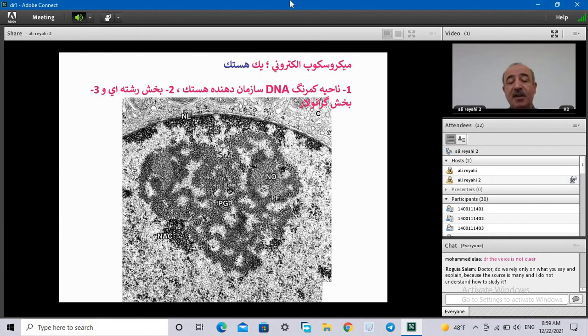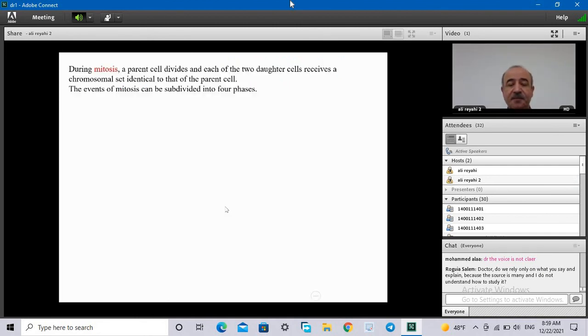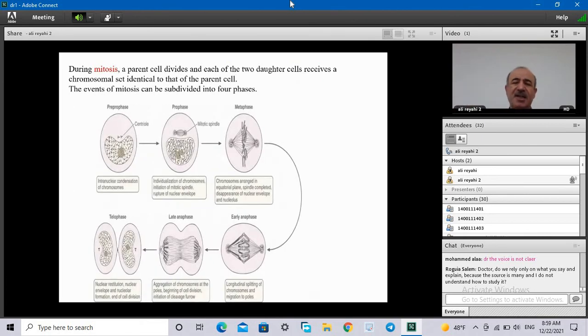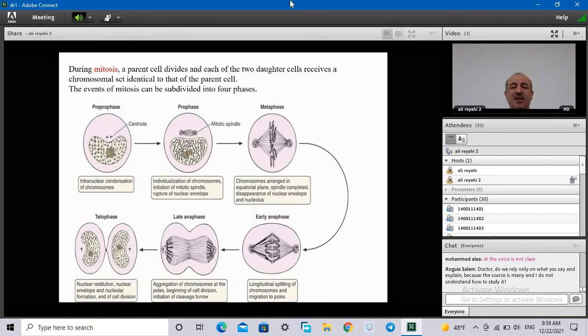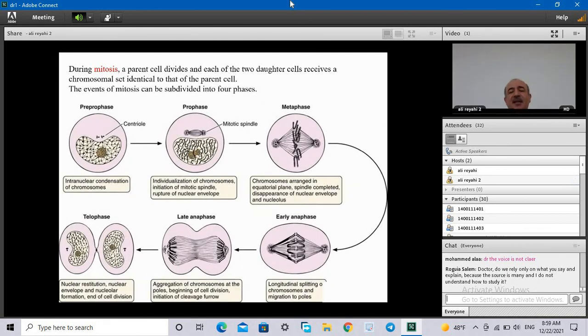This is about accumulation of the RNA or accumulation of the DNA that's transcribed to RNA. Okay, so this structure is the nucleus.